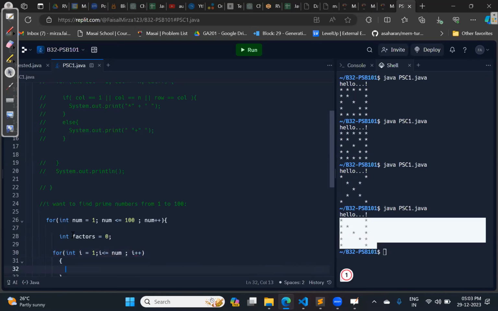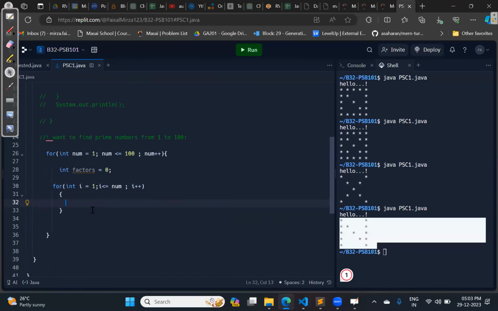Are you comfortable with what I am doing here? The logic is this. For example, if a number is 5, I'm running a loop from 1 to 5.